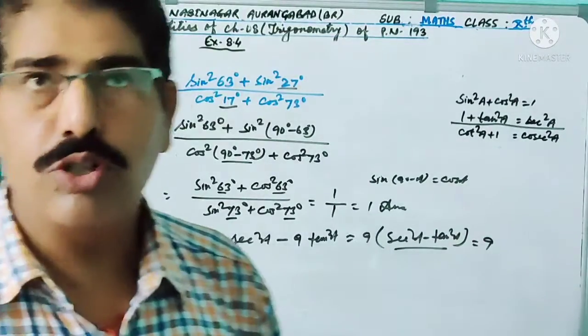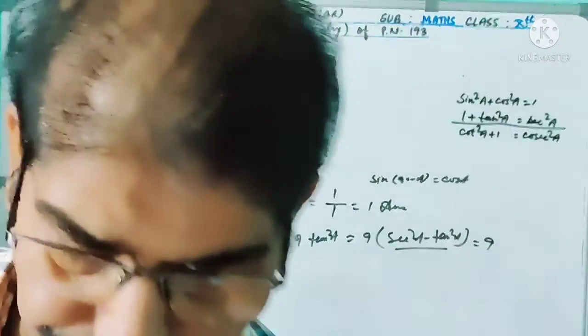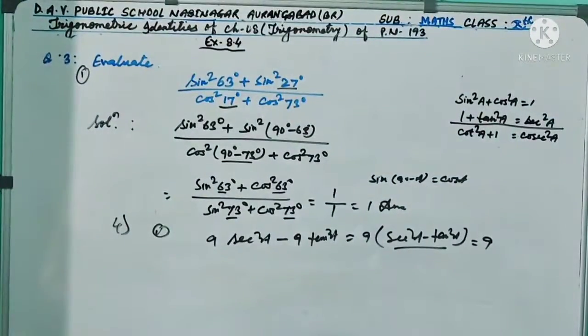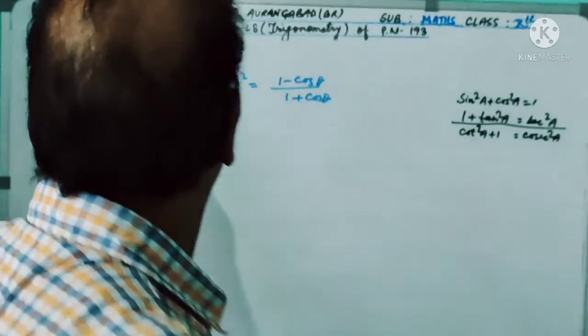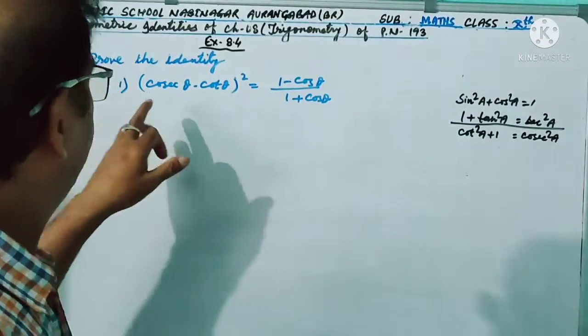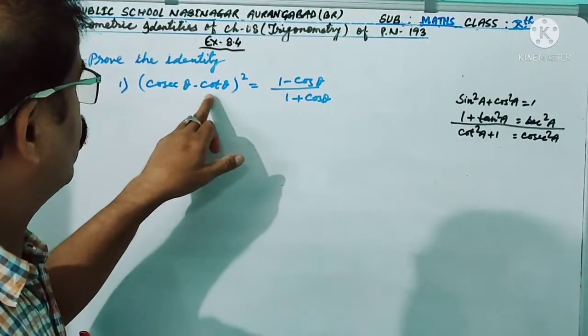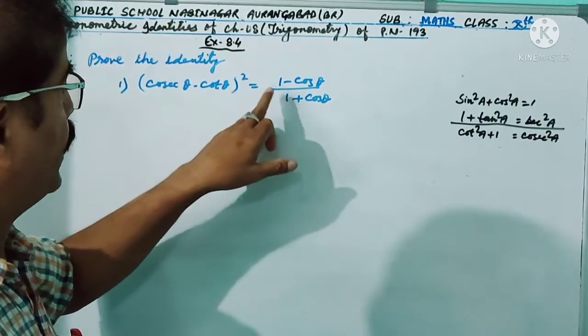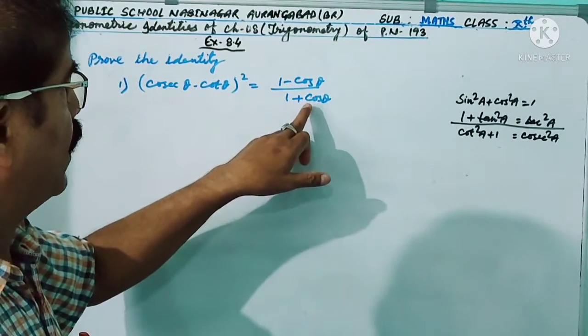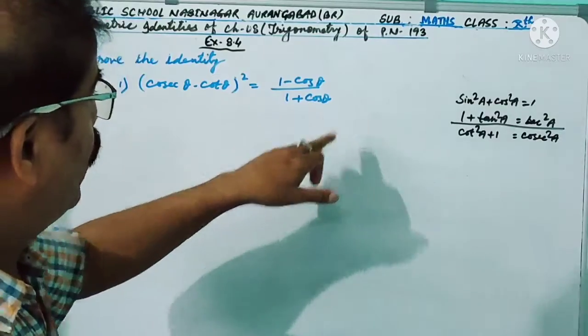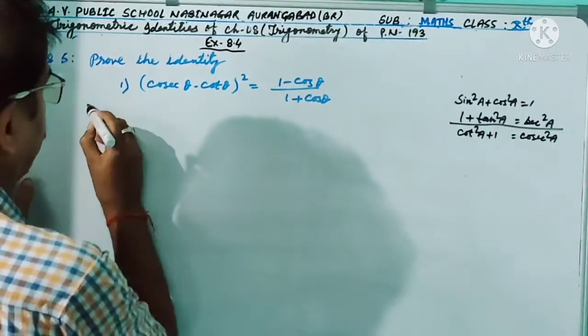And see the next question, question number 5. Your question 5 is: prove the identity (cosec theta minus cot theta) square equal to 1 minus cos theta by 1 plus cos theta.